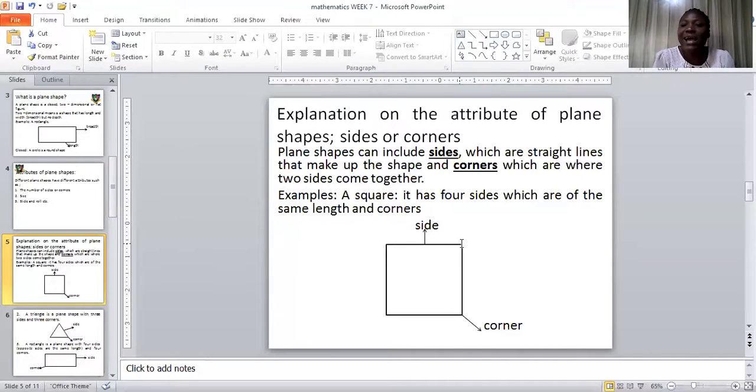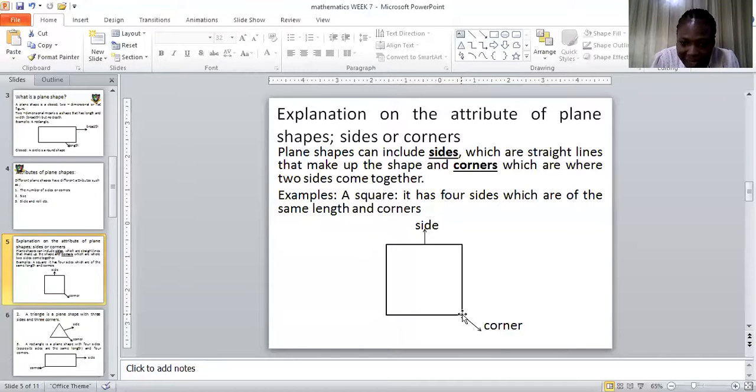Corners are where two sides come together. You can see a side, another side, and the last side. How many sides does it have? 4. Then we have the corners, where two sides come together.